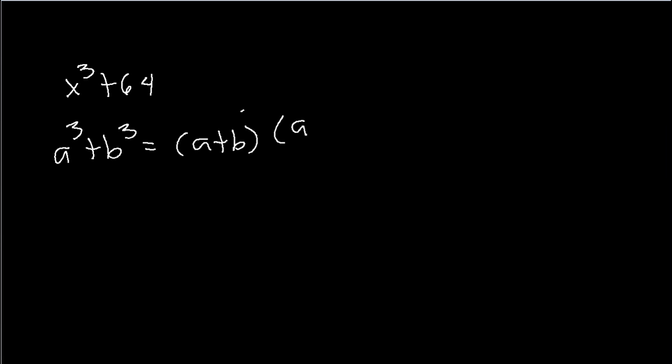Let's try this example. Notice that the expression is a perfect cube. If you are factoring two terms like this and they are both perfect cubes, you can use the sum of cubes formula, which goes like this. A cubed plus b cubed is equal to a plus b times a squared minus ab plus b squared.